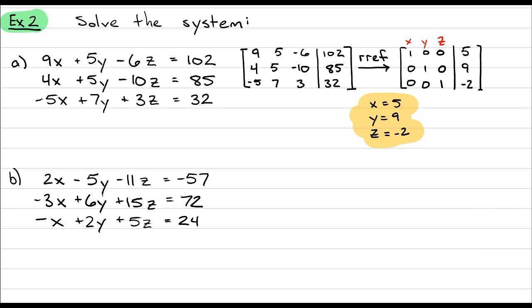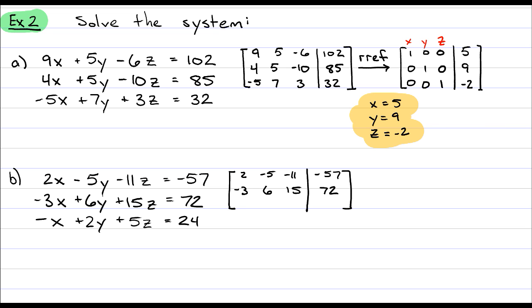Okay. Moving on to part B, same idea. Step 1, I put it into an augmented matrix. So the first row is 2, minus 5, minus 11, minus 57. The second row is minus 3, 6, 15, 72.